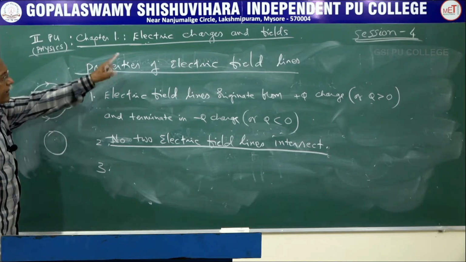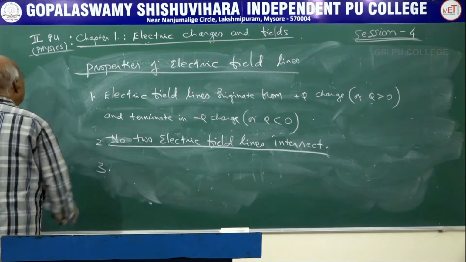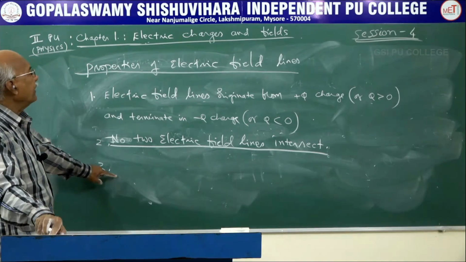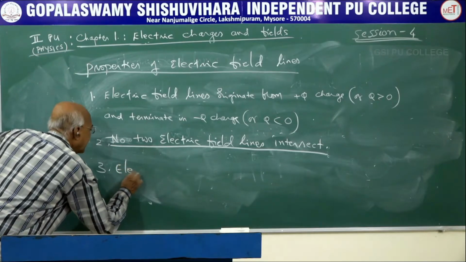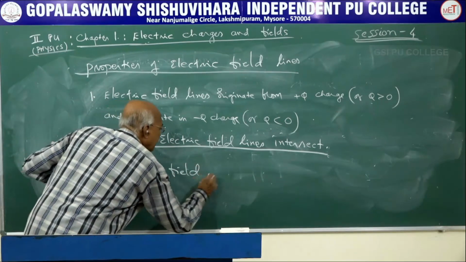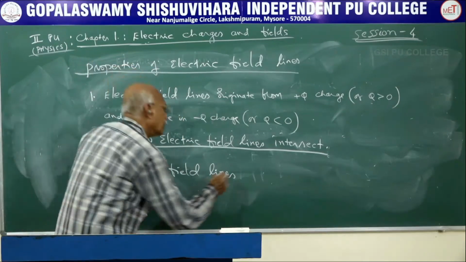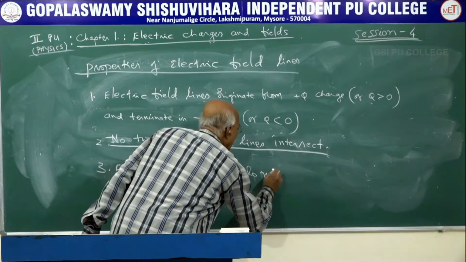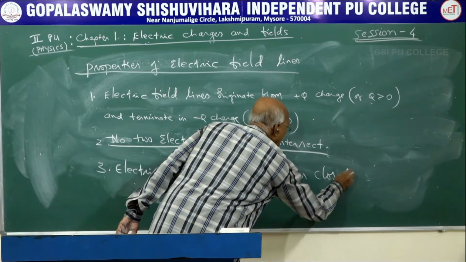But in case of electrostatics or charges, the third important property is it is impossible to have electric field lines in a closed path. That is, electric field lines do not form closed loops.